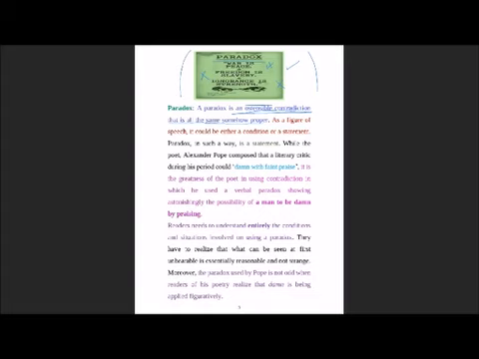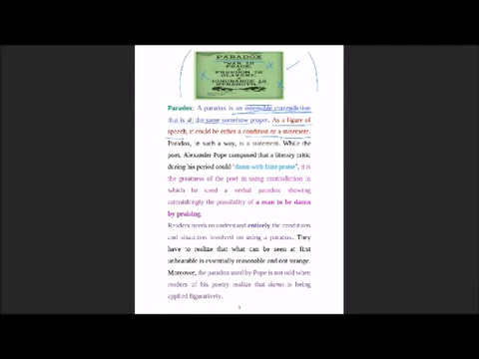Now let's read and analyze. A paradox is an ostensible contradiction that is all the same somehow proper. It seems to be improper at the beginning, but after realizing, after understanding, it can be proper. As a figure of speech, it could be either a condition or a statement.